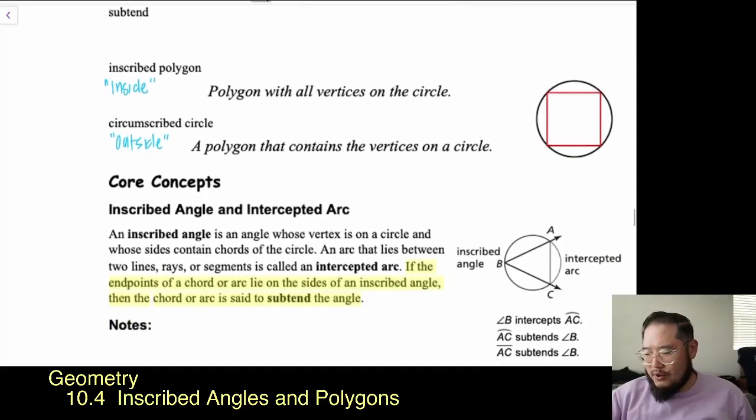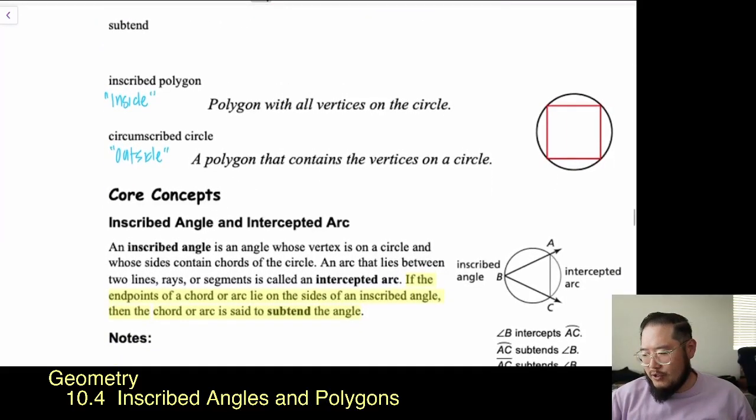So we go ahead and move along. An inscribed angle, once again, is an angle whose vertex is on the circle and whose sides contain chords of the circle. The arc lies between the two lines, rays, or segments, and is called an intercepted arc.